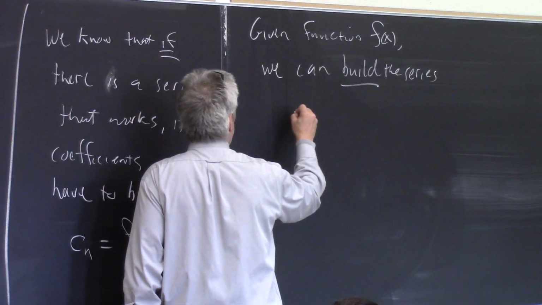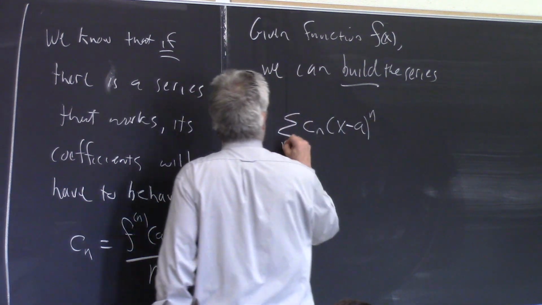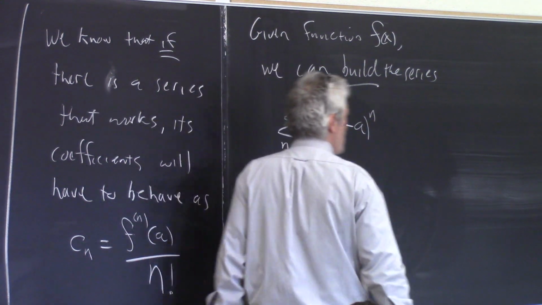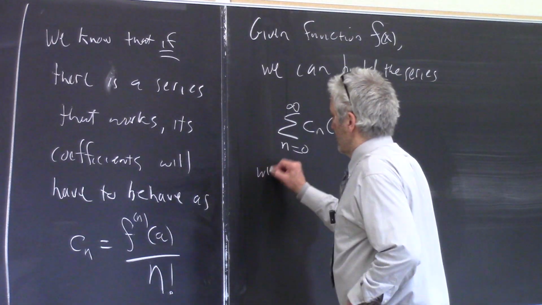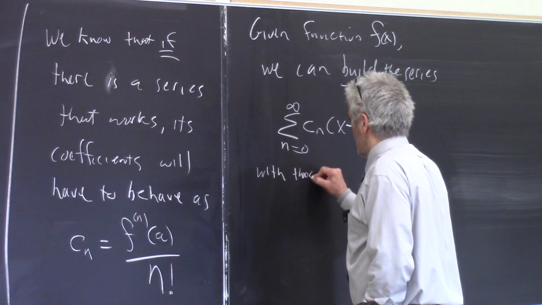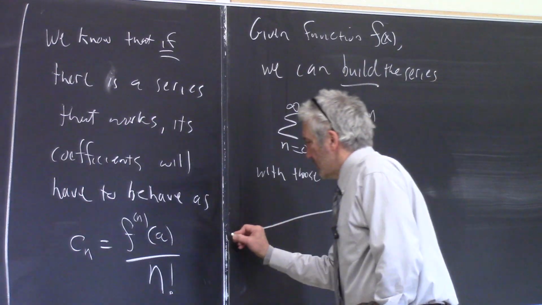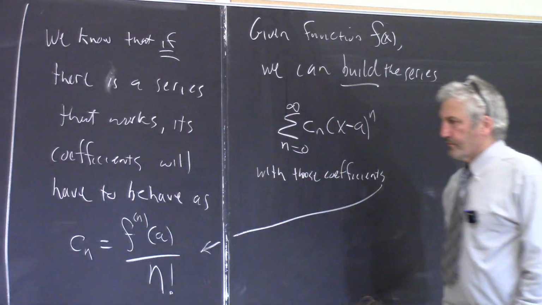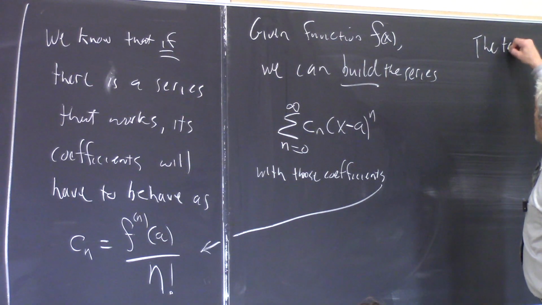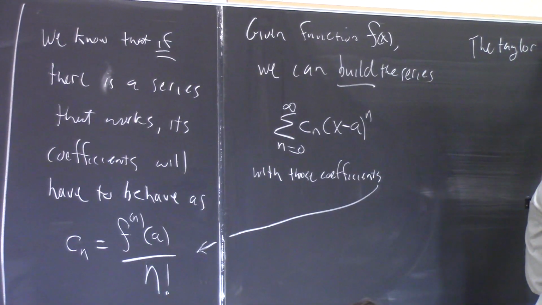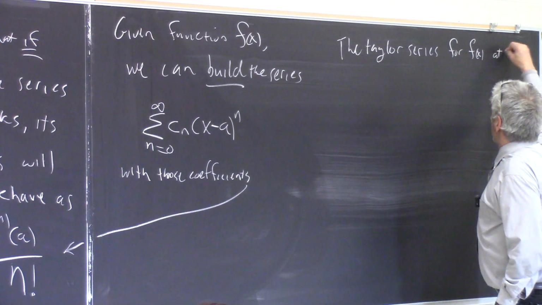So the series, the sum from 0 to infinity of Cn times x minus a to the n, where each of the coefficients behaves this way, this series is called the Taylor series for f of x at x equals a.